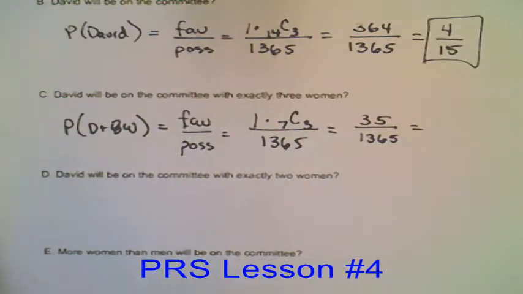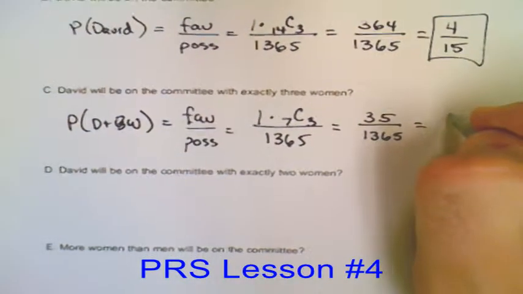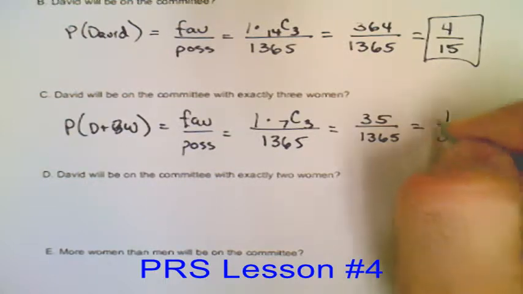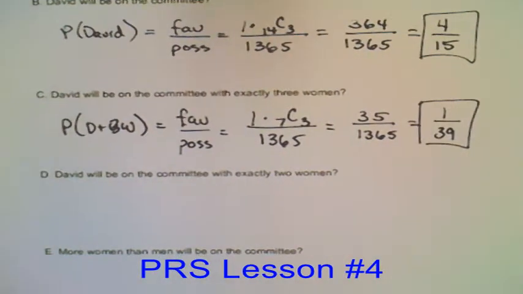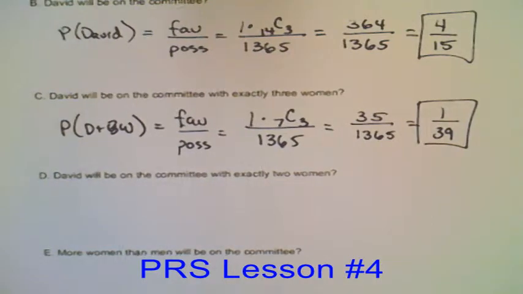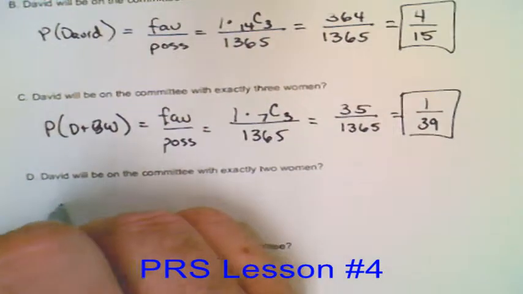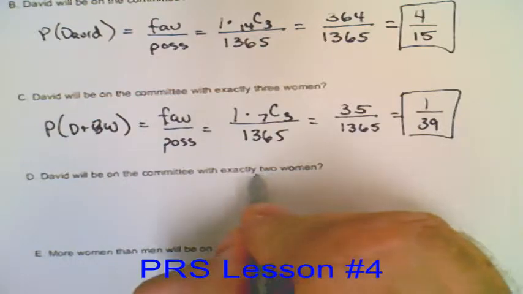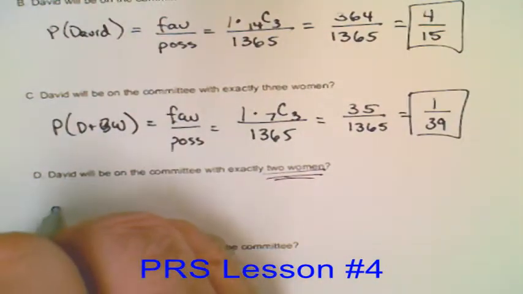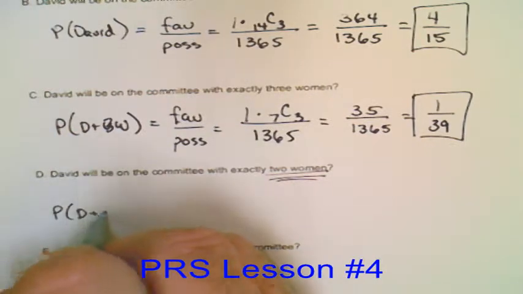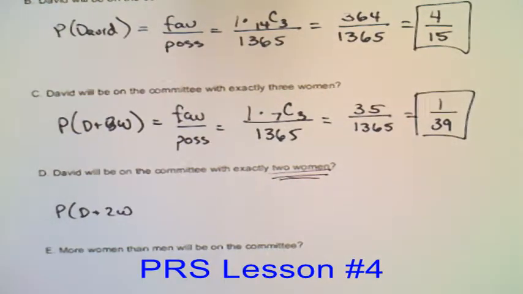So I get 1 times 7 choose 3 as my favorable. My possible is still the same thing. So 1 times 7 choose 3 gives me 35, so it's 35 over 1,365. I reduce that, and it's going to be 1 in 39. So there's a 1 in 39 chance that he's on the committee with 3 women. And so on and so forth.